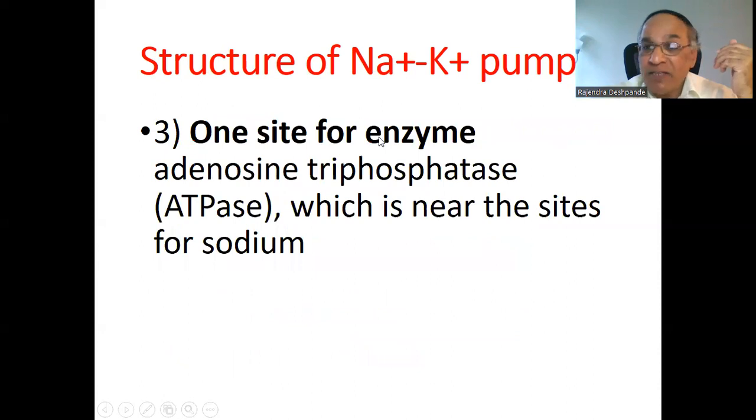Next, one site on the alpha subunit is for the enzyme ATPase. When we say enzyme, ATP is different and ATPase is different. ATP is an energy molecule. ATPase is an enzyme which helps in the creation of energy, the formation of ATP, near the site of sodium.